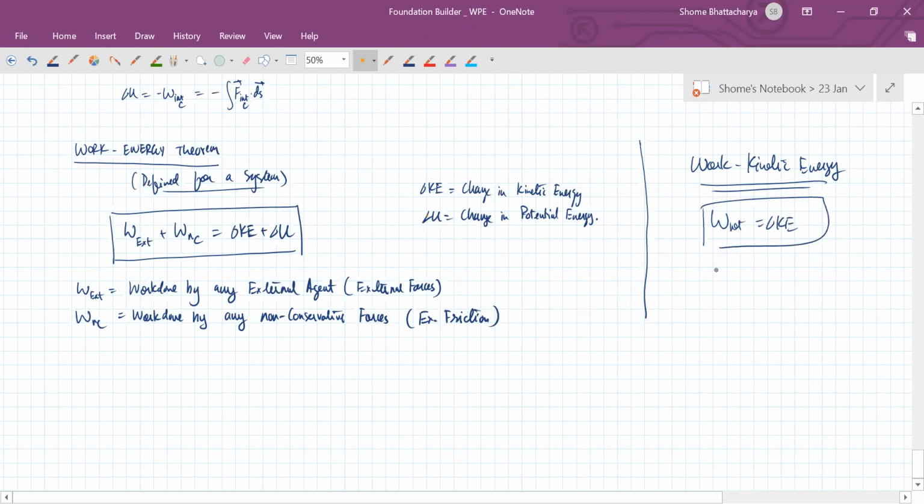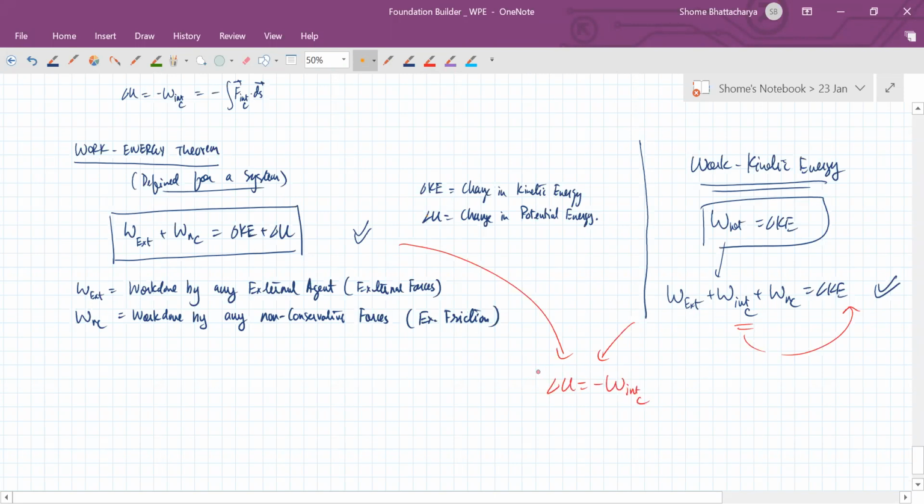This net work done is the work done by external forces plus work done by the internal conservative forces plus the work done by non-conservative forces, that is equal to delta K. So if you now compare this statement with this statement, you understand the definition of delta U. You take this term to that side and it becomes delta U. So delta U is the negative of work done by internal conservative forces.